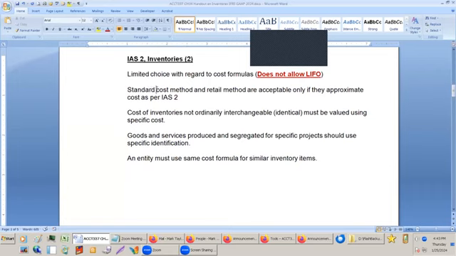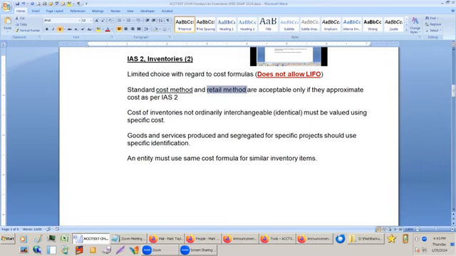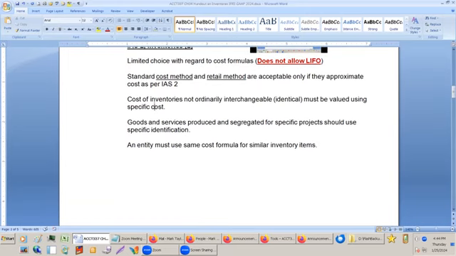Cost method and retail method, these are ways of estimating inventories. And they say these are acceptable only if they approximate the cost. And there's kind of a funny anecdote for that, and that is that generally they use those two methods.